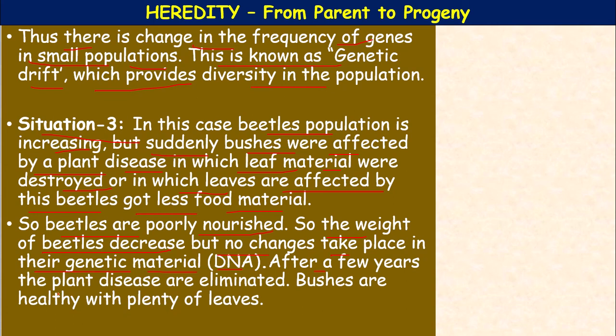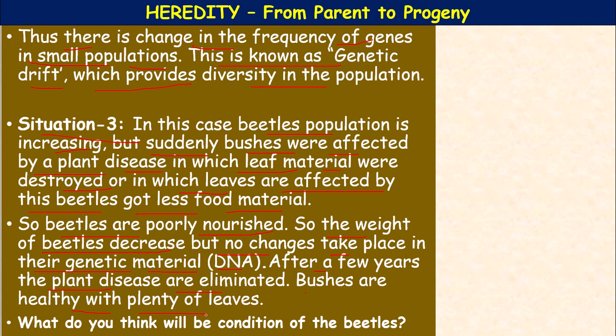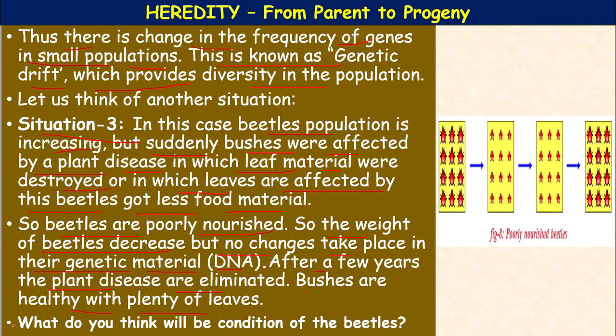After a few years, the plant disease is eliminated, and the bushes are healthy with plenty of leaves. Okay. What do you think will be the condition of the beetles? Once again, the beetle population increases. Okay. In situation number 3, you can imagine the beetles are very healthy and strong and showing more weight.